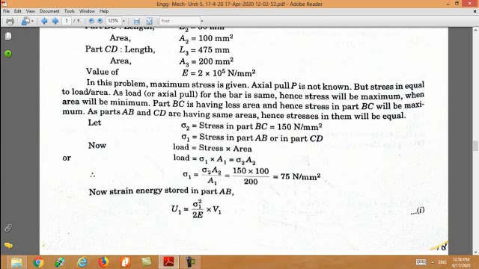So what is the load? Load is equal to stress into area. The load is equal in each section, so sigma 1 into A1 is equal to sigma 2 into A2. So you can calculate sigma 1, and we can obtain the stress for each section.